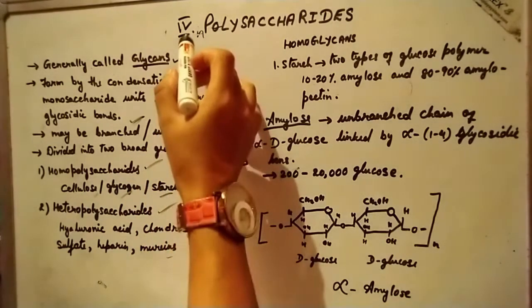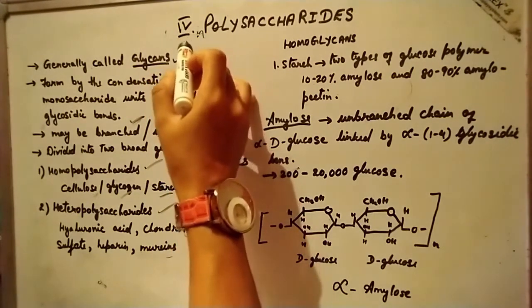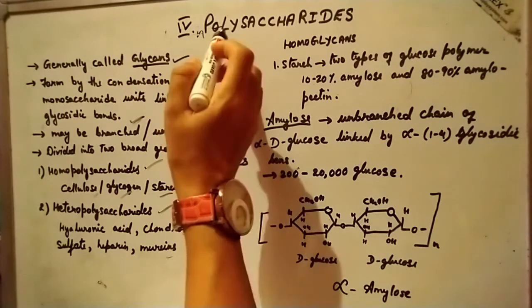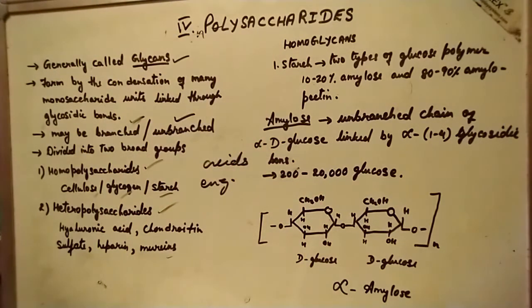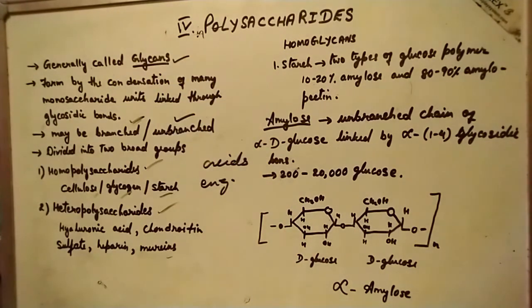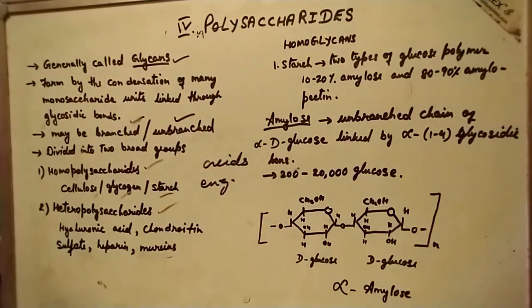So in this video I will discuss an important class of carbohydrate, that is polysaccharides. Now the most complex and the most important class of carbohydrates are the polysaccharides, and these are generally called glycans.